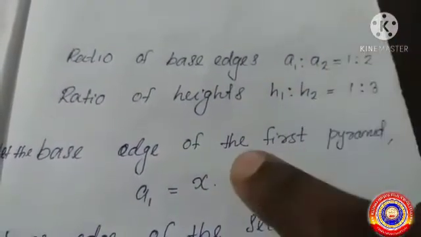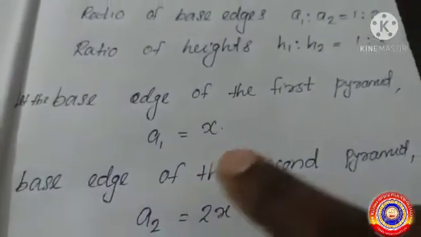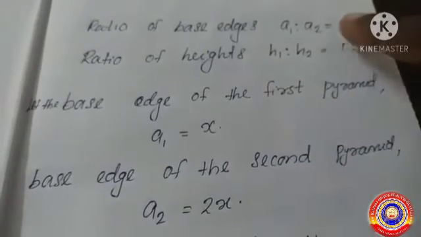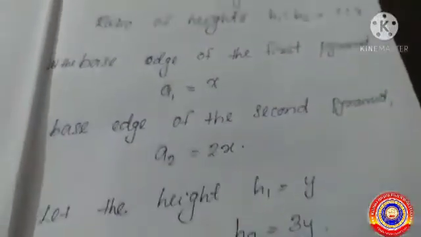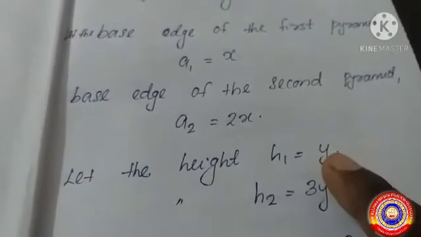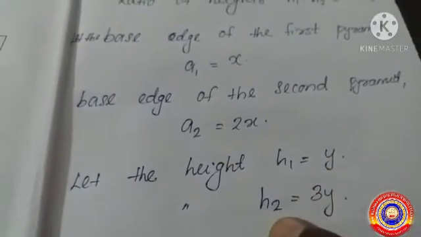Next we have to find the base edge of the first pyramid and the base edge of the second pyramid. So let the base edge of the first pyramid A1 equal x and the base edge of the second pyramid A2 equal 2x, because the ratio is 1:2. Similarly, let the height of the first pyramid equal y and the height of the second pyramid H2 equal 3y.